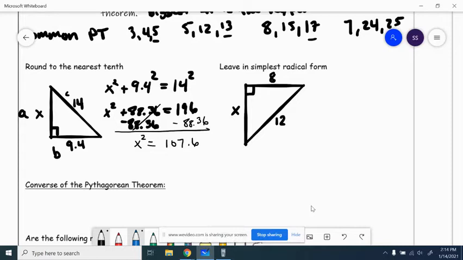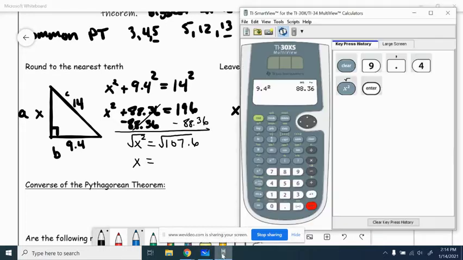And now remember, we always do the opposite to solve equations. So if I have x squared, doing the opposite would be to take the square root. The square root of x squared is x. If I do it to one side, I have to do it to the other side. So I take the square root of 107.64.